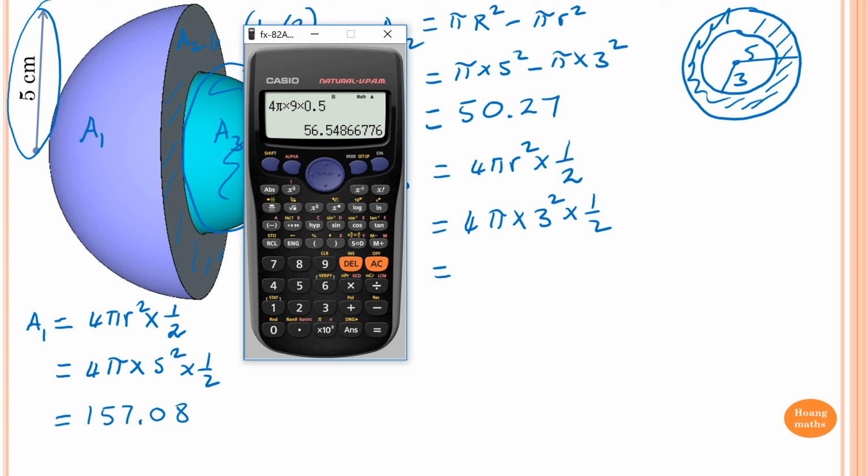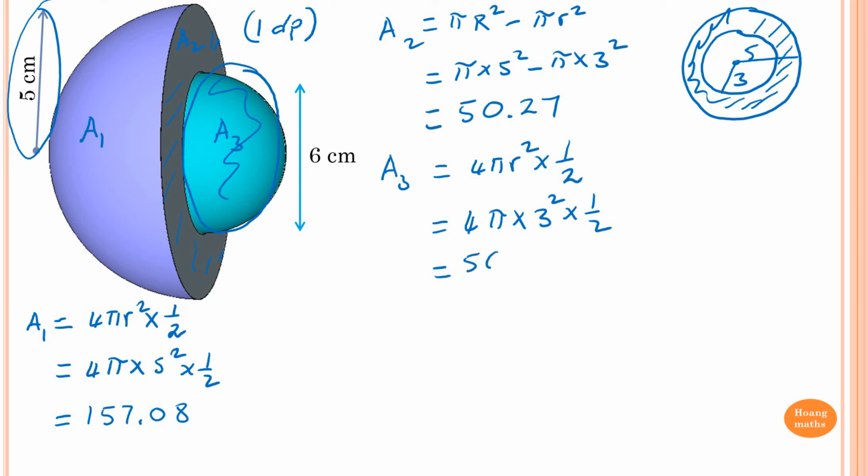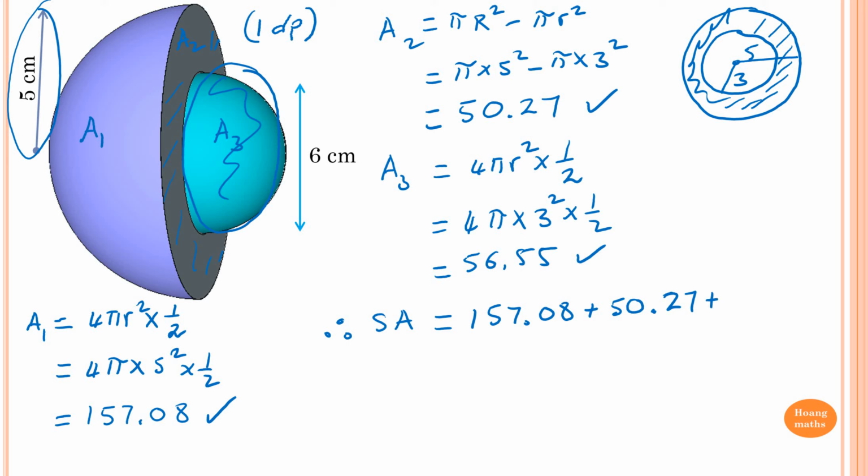So 56.55. Therefore, the surface area of this is 157.08 plus 50.27, this one here, plus 56.55.